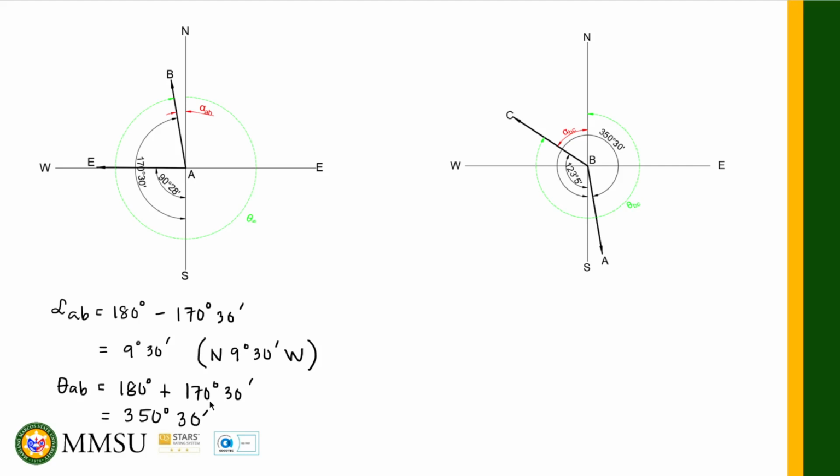Now we go to station B to solve for the azimuth and bearing of line BC. Okay, this is our figure. We have here point B, line BC, and line BA.